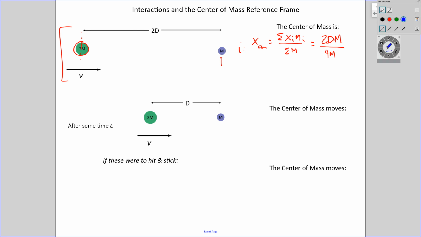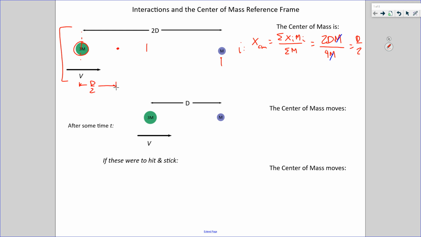So that position is 2d over 4, or d over 2, as measured relative to here. Well, here's d, here's d over 2. And yeah, that makes sense. The center of mass is 3 times closer to the object that's 3 times as massive. You dig? Okay, so this is a distance d over 2.